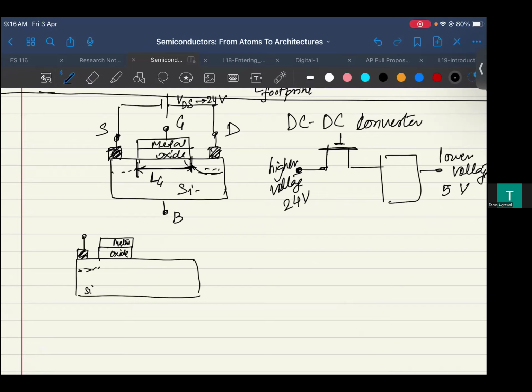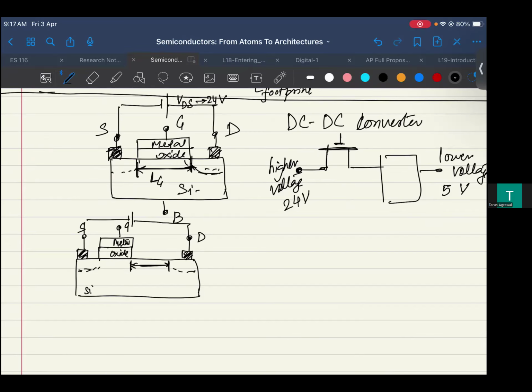Where you apply the drain, you apply it a little far away, so this is your pocket for the drain, and this is your gate. You created a space between your drain and gate. Why did you create this space? Because whatever higher voltage you are going to apply here, you want it to drop across the region. So you increased the region, and that is one of the very pragmatic ways to let the voltage drop.